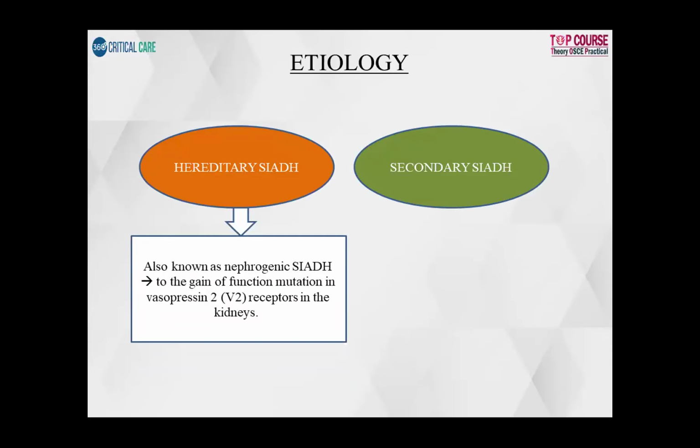Now for us the important one is the secondary SIADH. Secondary SIADH could be due to CNS causes like stroke, any intracranial hemorrhage, infections, trauma to the brain, any mental illness or any psychosis. And in these cases, the cause of SIADH is increased release of ADH from the pituitary gland.